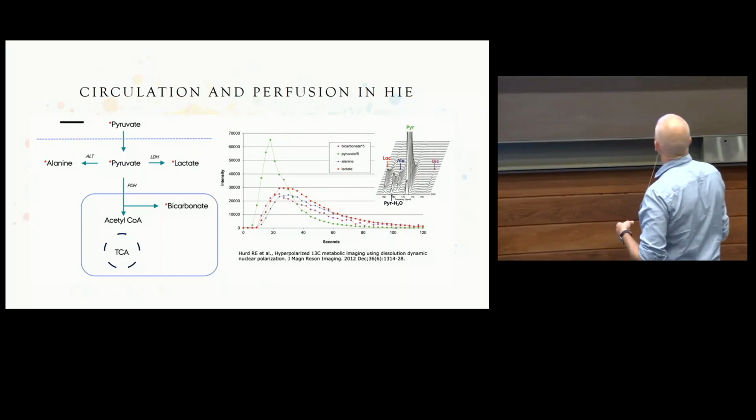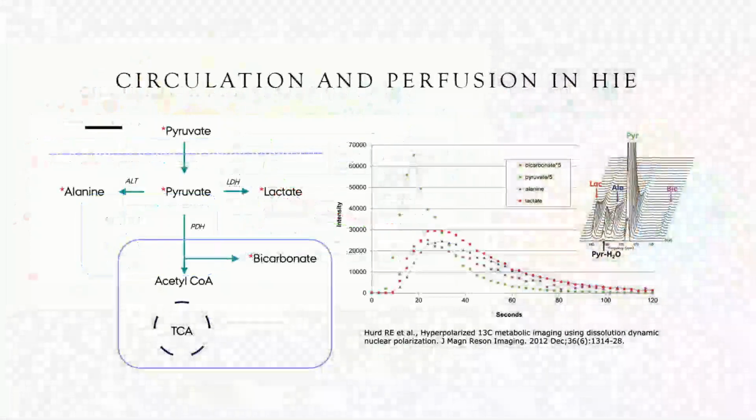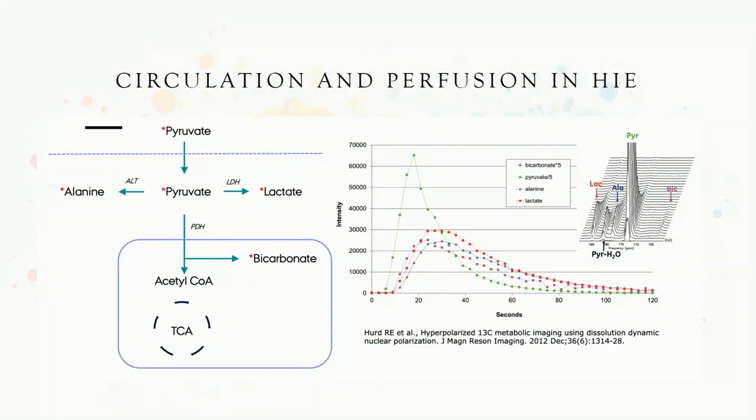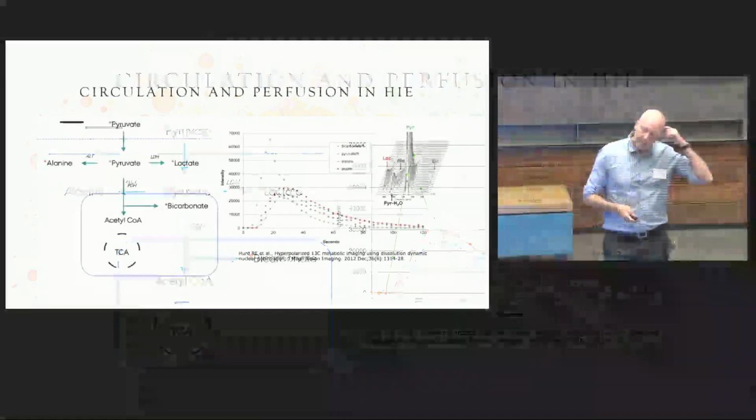This is just from a methods paper, but you can have pyruvate that's labeled, and then you can see how much becomes lactate, how much becomes bicarbonate, how much becomes alanine, and then you can follow, theoretically, different physiologic processes.